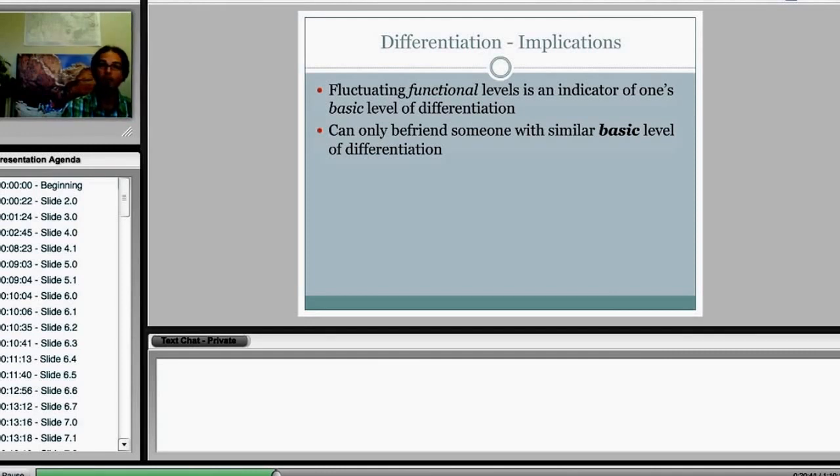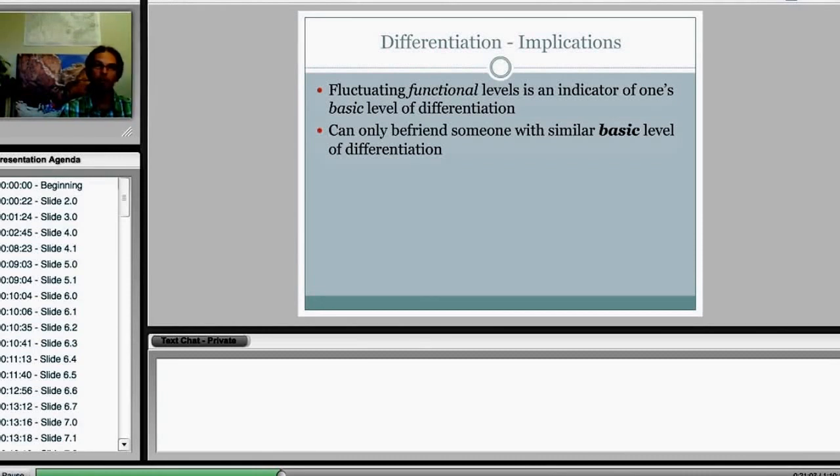One can mentor somebody with a significantly different basic level of differentiation, but for a lasting friendship, whether that's an adolescent friendship or an adult relationship, for a relationship to be sustaining and equally rewarding, there needs to be a similar level of basic differentiation, or the two can't meet each other's needs.